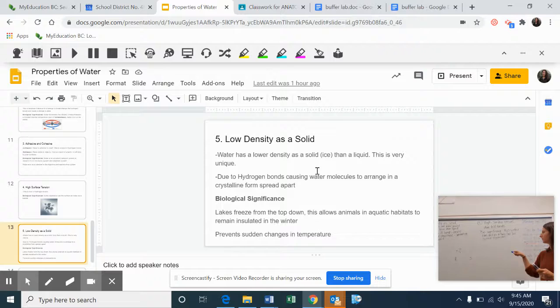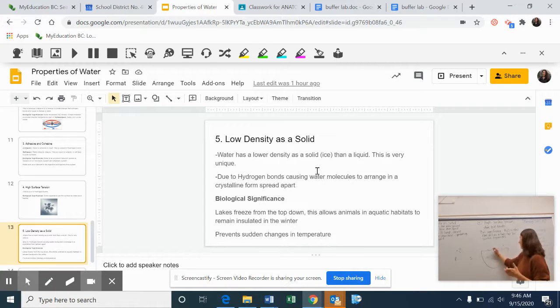This is also important because something that's less dense is going to float on top of something that is more dense. So say this is a lake, and you've got some fish living in it. If you get ice forming in this, say this was your typical substance, that's a solid, and that would sink to the bottom, right?